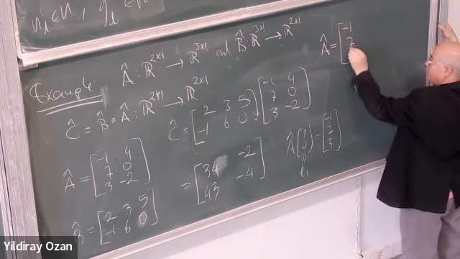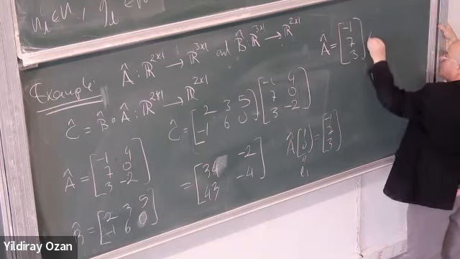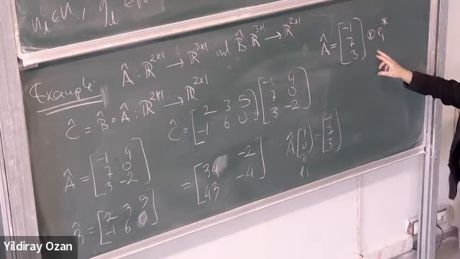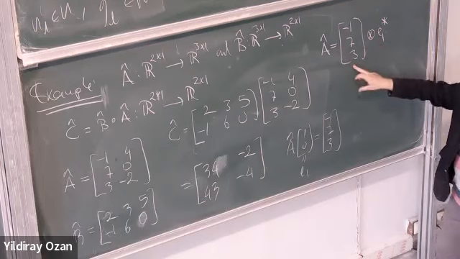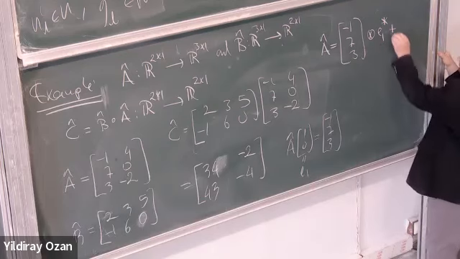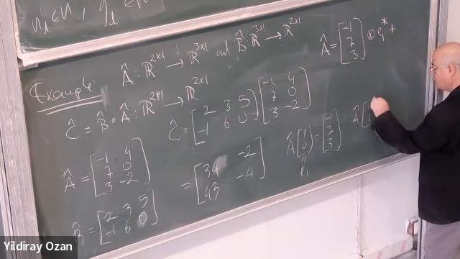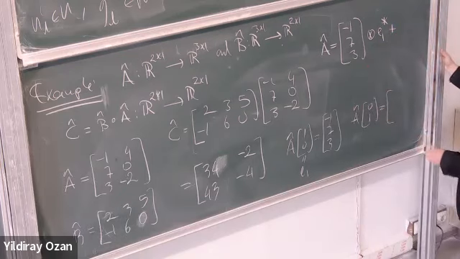Minus 1, 7, 3, answer E1 star, right? This guy eats E1 and gives me this gadget. Plus, what about 0, 1? Well, okay. 4, 0, 2.